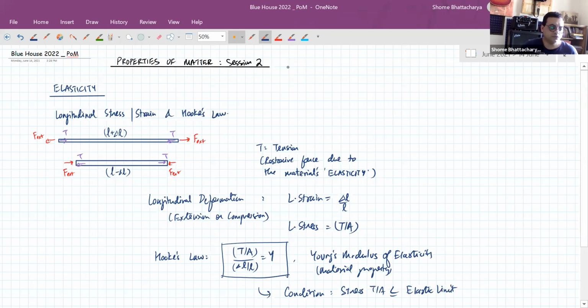So we had just started to look at numerical examples based on this, and we'll continue from that point onwards today. So you need not note down this point. You have seen this in the previous lecture. This is just a quick recap of the application we were looking at last time.